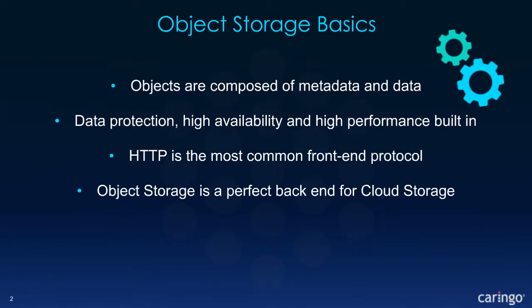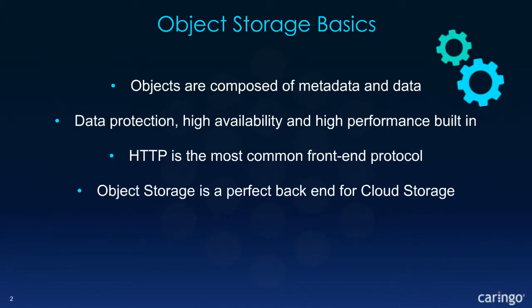The key point there is that the high availability and the data protection is built into the architecture, and it's not arrived at a later time through connecting legacy systems.